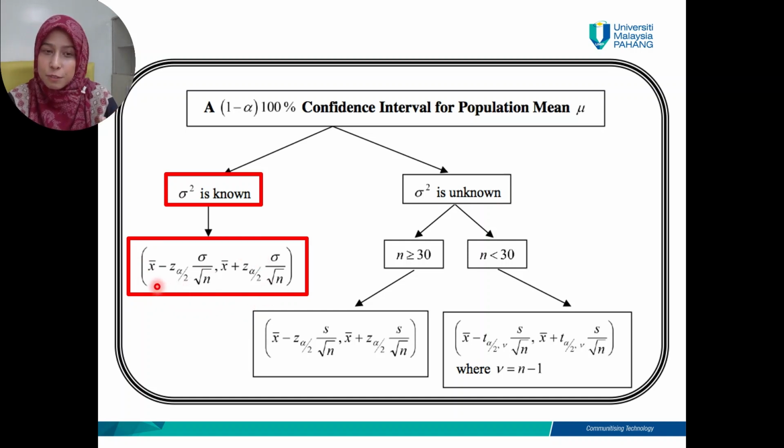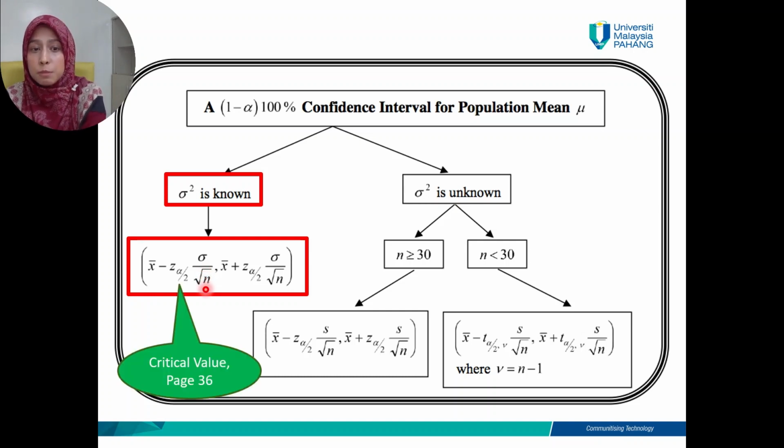Let's look at the formula. This one is your lower boundary: sample mean minus z alpha over 2 multiplied by sigma divided by square root n.